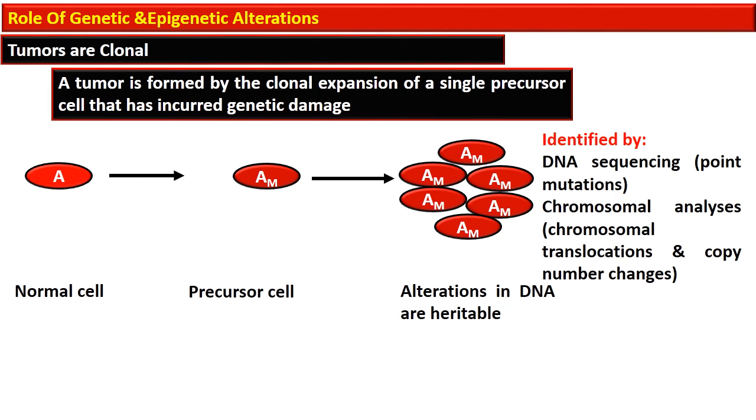These mutations are identified by DNA sequencing, which is helpful in identifying point mutations, or they are also studied through chromosomal analysis, which is best for chromosomal translocations and copy number changes.